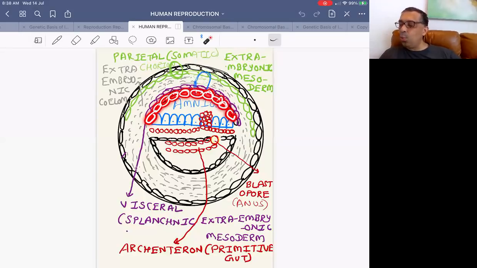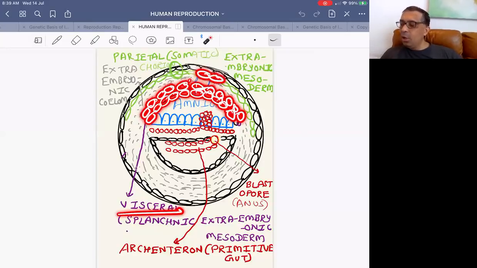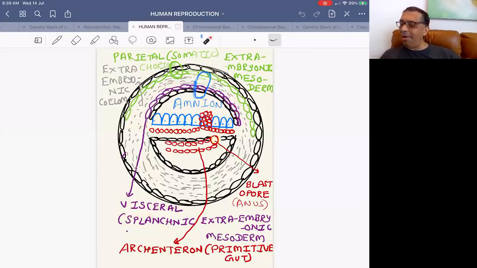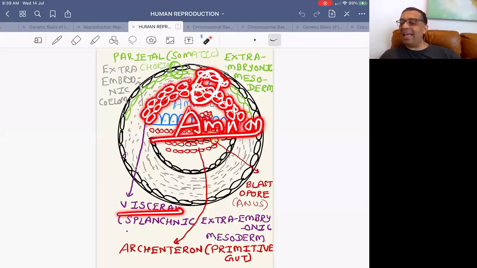Amniogenic cells with the visceral layer, and also some cells of the parietal layer. तो visceral और parietal दोनों के कुछ cells along with the amniogenic cells fuse together and form the layer called as the amnion. तो वो amnion बनता है. तो ऊपर बन गया आपका कोरियन और अंदर बन गया आपका amnion.